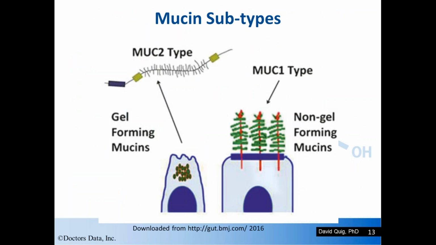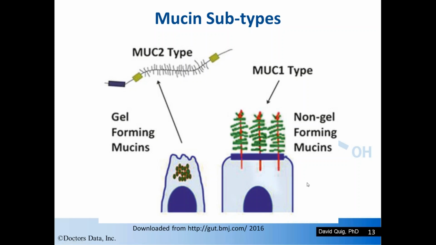So just to get a better idea about what these mucins look like, we have the secretory mucins like MUC2 being released from the goblet cells. This MUC2 has repeating segments of amino acids that are highly composed of serine and threonine, and that's where the glycans bind and form this fuzzy, water-attracting network.